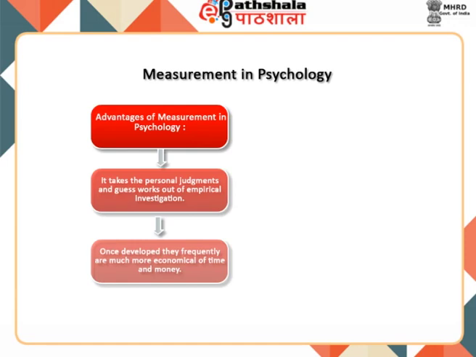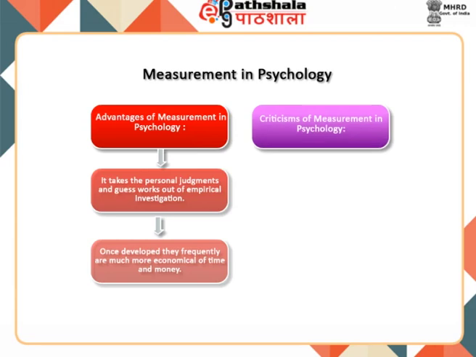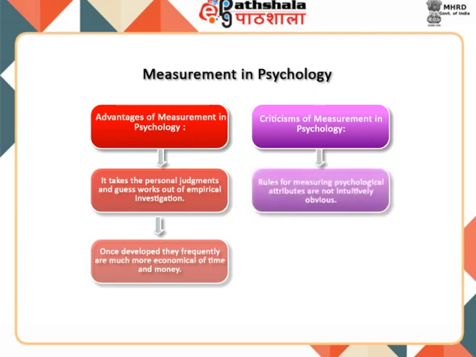But psychometrics is not far away from criticism. In comparison to physical scientists, social scientists deal with measurement of ambiguous constructs such as personality, attitude, leadership, emotional intelligence, creativity, anxiety, fear, etc. Rules for measuring such ambiguous psychological attributes are not intuitively obvious.